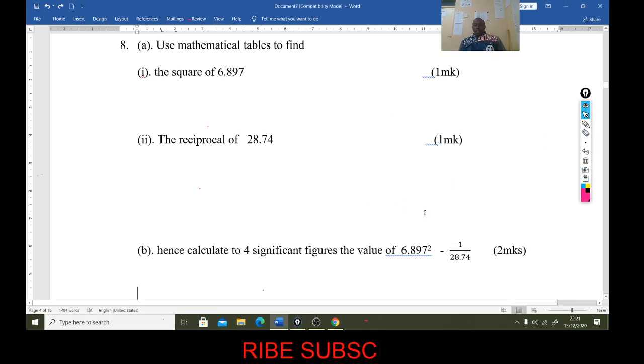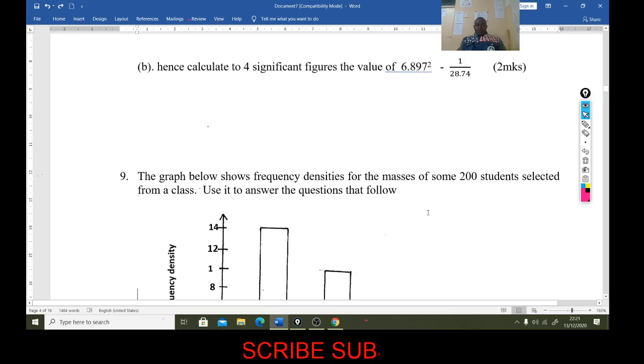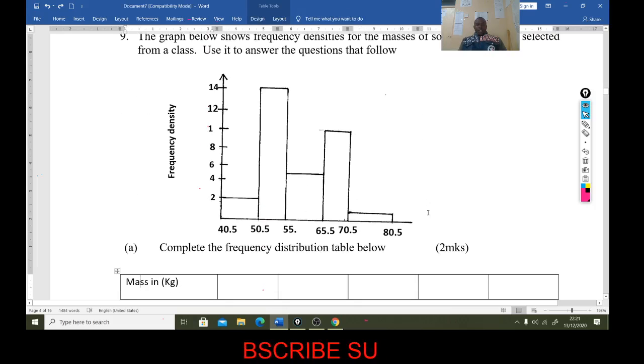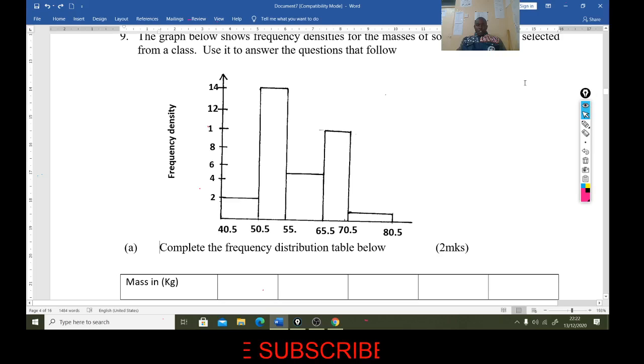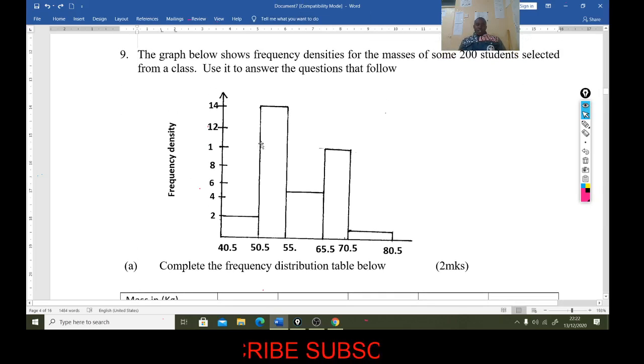So question number 9. We move to question number 9. The graph below shows frequency density for the masses of 200 students selected from a class.